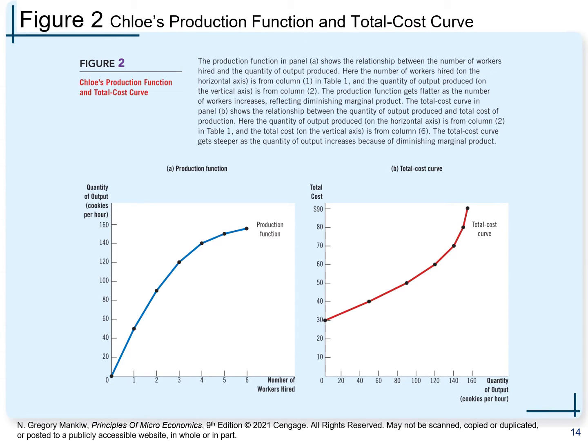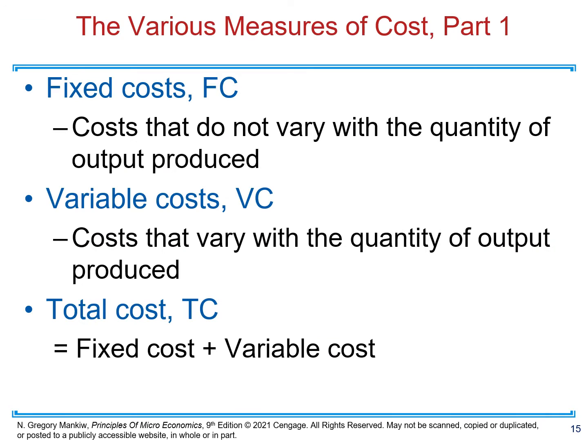Okay, as you notice, the two different types of curve here, we talk about them: the production function and the total cost function. Let's go to the next one here. Fixed cost, as it says, is costs that do not vary with the quantity of output produced.